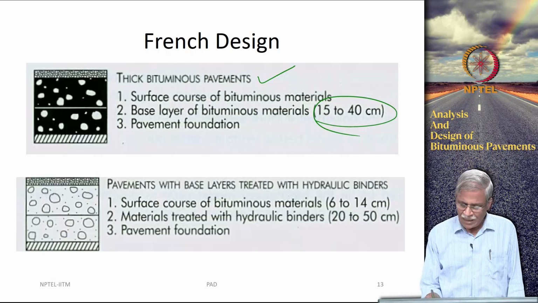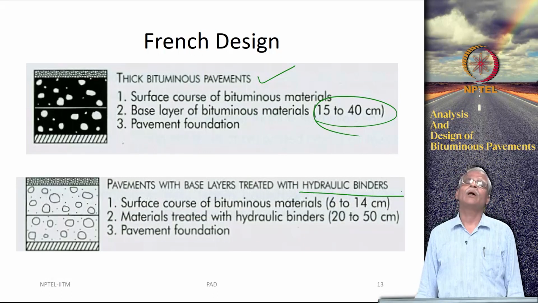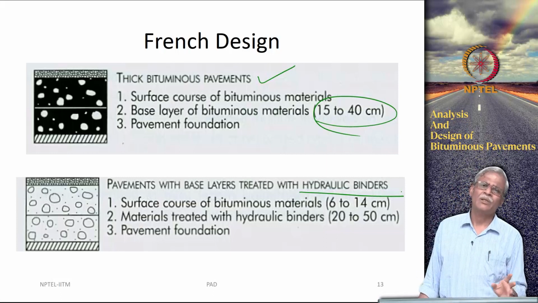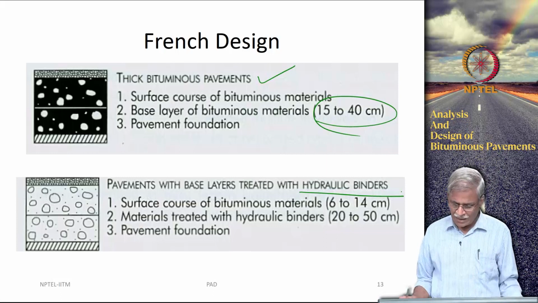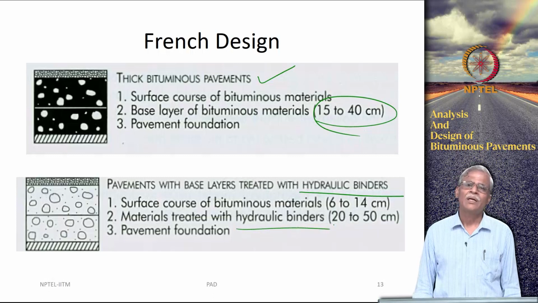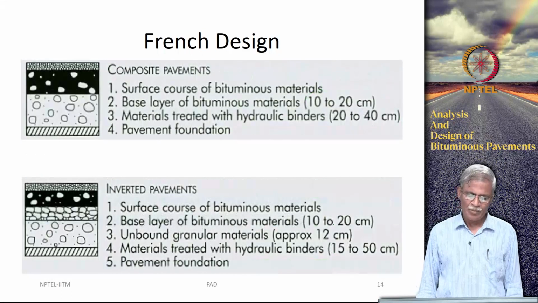And there are also some cross sections with hydraulic binders. Hydraulic binders is nothing but using cement as a layer. So, you can call it a cement treated subbase or cement treated base.